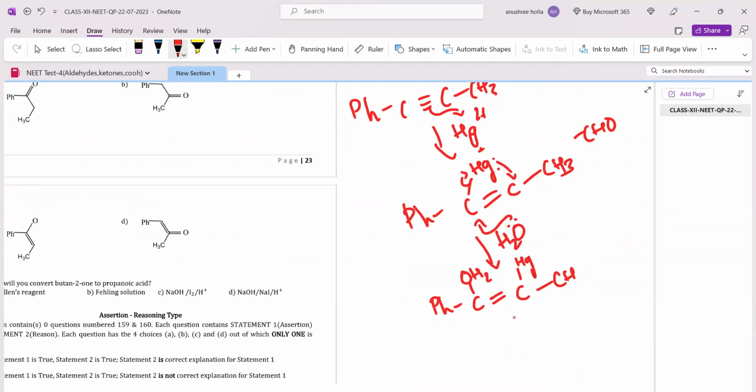Now, this oxygen will take away electrons from the hydrogen and release H plus. So you will get OH.